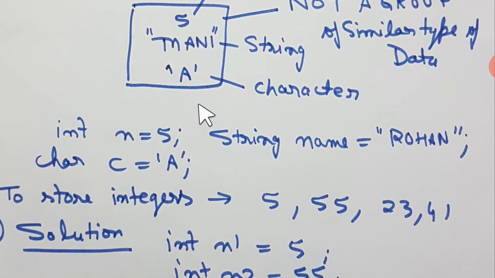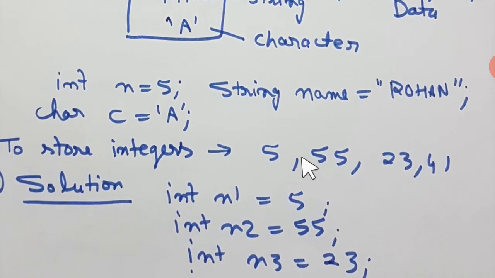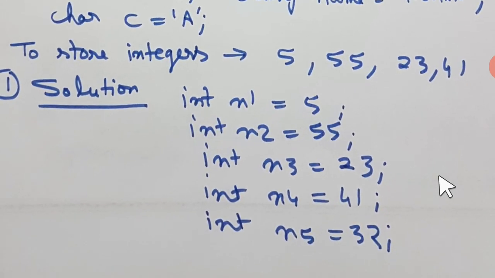Now we have certain numbers here: 5, 55, 23, 41, and one more, 32. If I want to store these, I need to declare 5 different variables, and all of them are going to be of the same type, int, because we have to store integers.